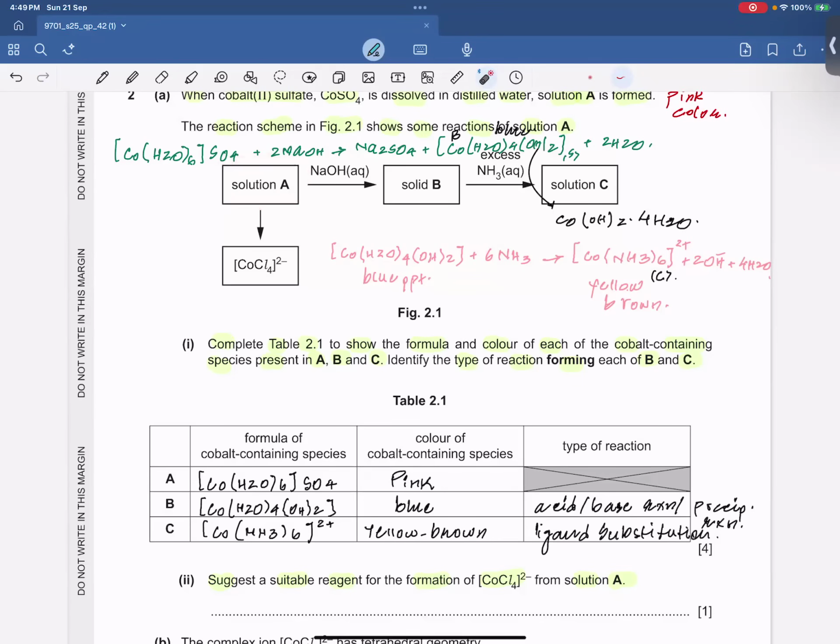But let me show you the equation. This is an aqueous solution of cobalt 2 ions. They are reacting with excess chloride ions, and due to a ligand substitution reaction, they will form this complex ion.